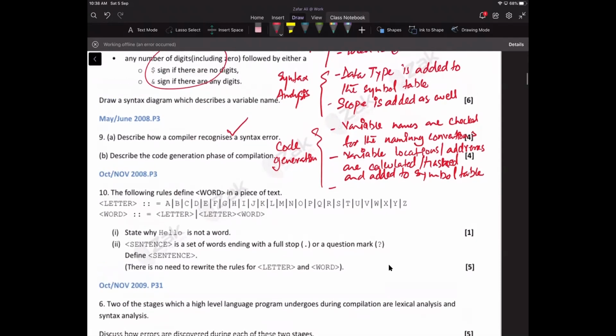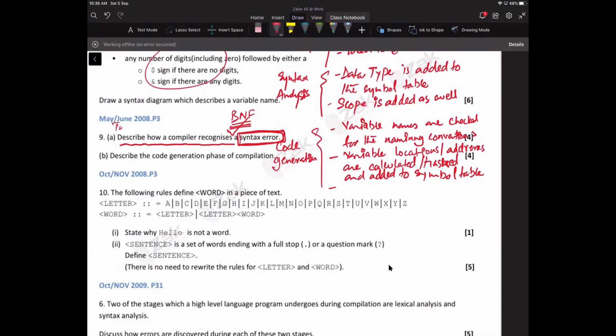How can we explain it, since they actually require us to recognize a syntax error? Syntax checking is basically the use of Backus-Naur form notations.